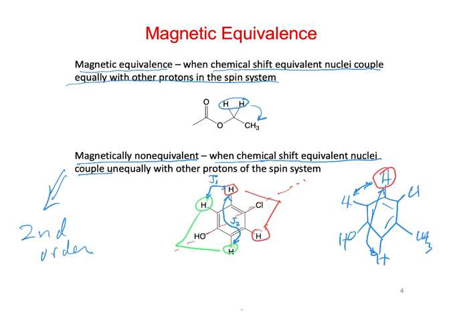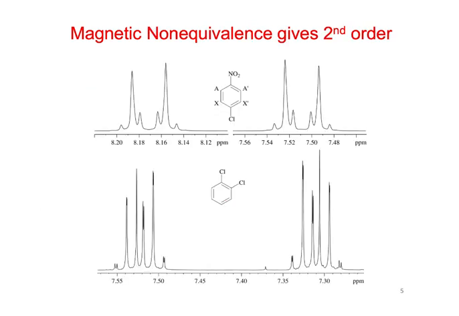Okay, we'll look at another system, but this causes some weird second-order effects to peaks. So, for example, here's a molecule at the top that is similar to the one on the previous slide, this para-substituted benzene ring, and what we would normally expect is that because it's para-substituted, each of these would just be a doublet and a doublet, right?